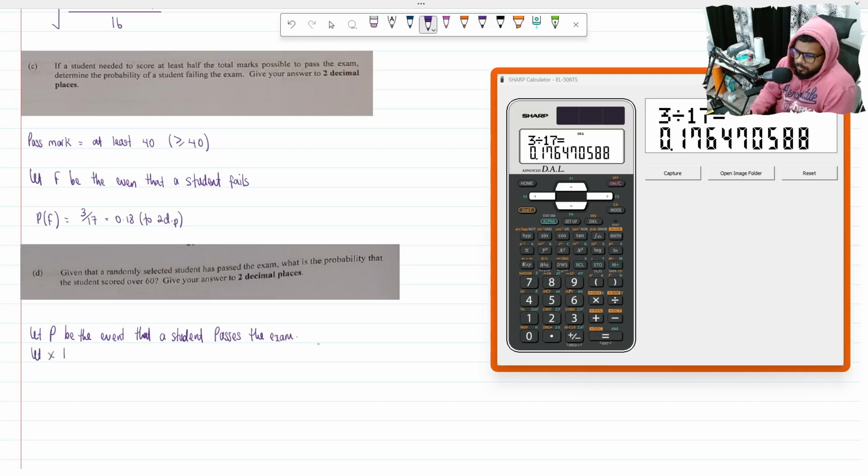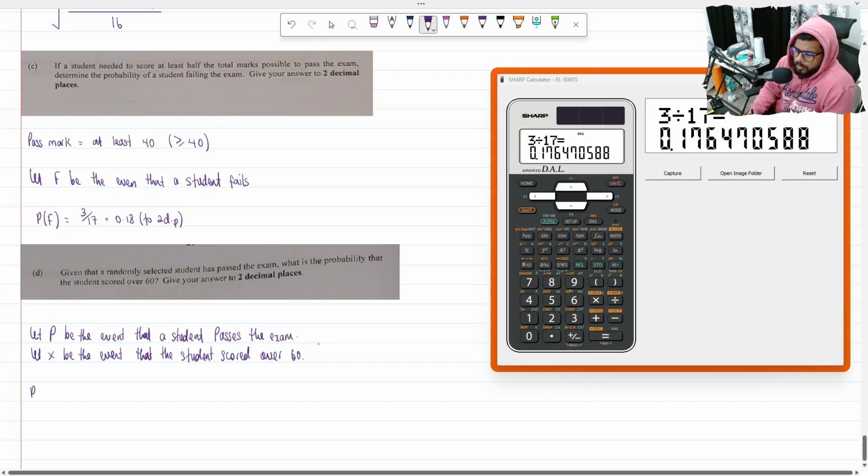Let X be the event that the student scored over 60. We want the probability that the student scored over 60.